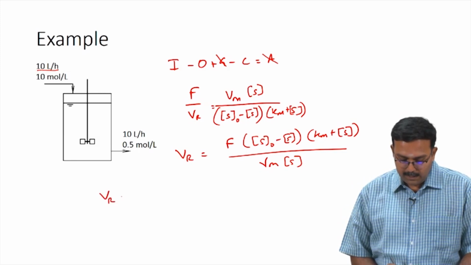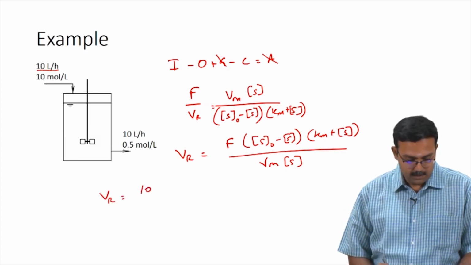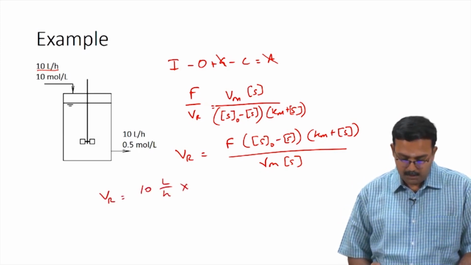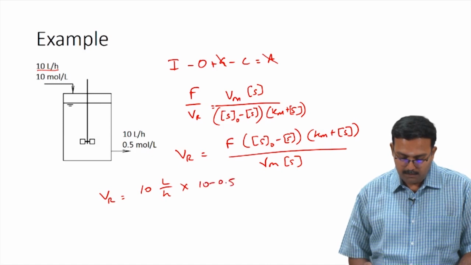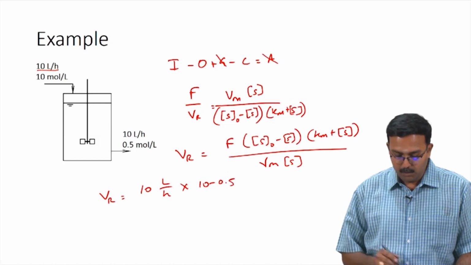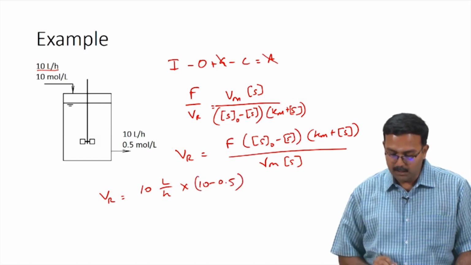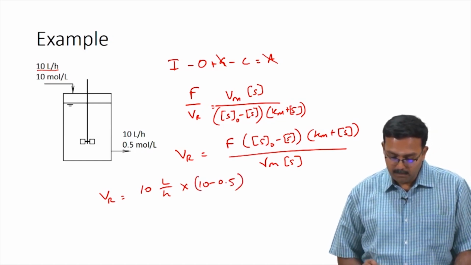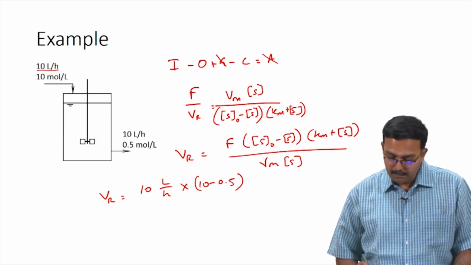We will get Vr equals 10 liters per hour times 10 minus 0.5. So, we have 95% conversion, which means only 0.5 moles per liter of the substrate is leaving the system. So, you have the final substrate concentration as 0.5 moles per liter.